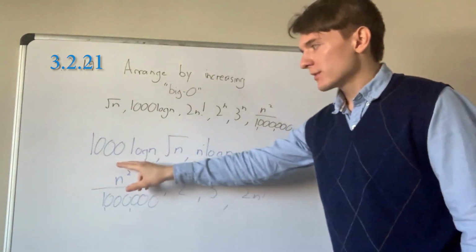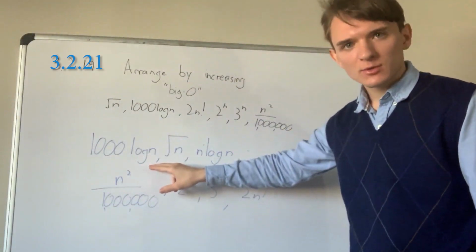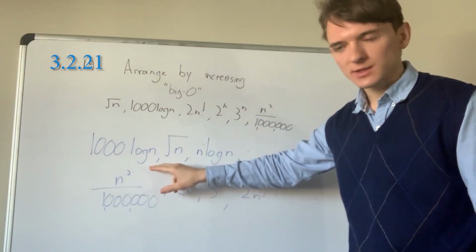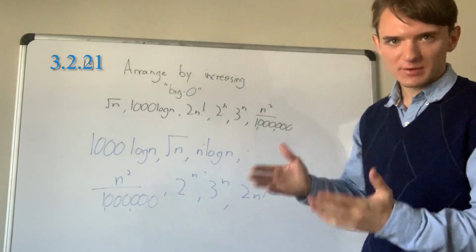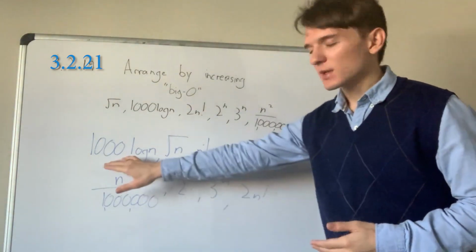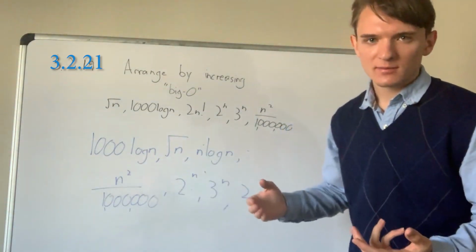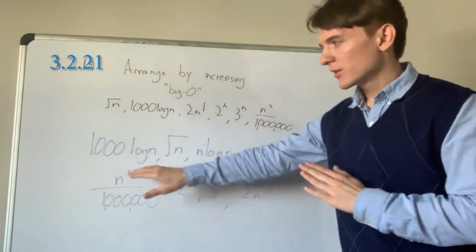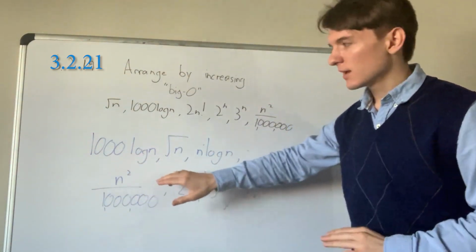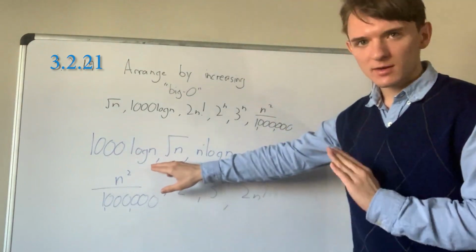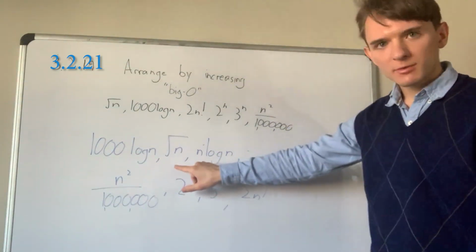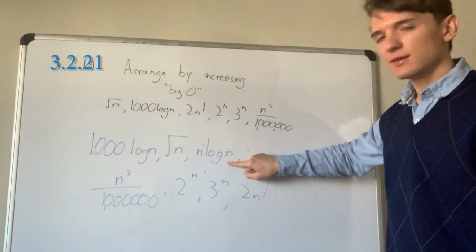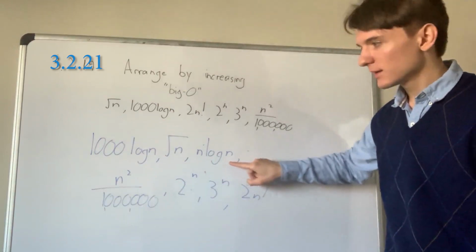We can see that 1,000 times log of n is the most slowly growing of these functions, because log of n grows very slowly. Just because it's times 1,000 doesn't really mean anything, because as input data increases and increases, the 1,000 becomes meaningless, and the growth rate remains log of n. Next is square root of n, then n times log of n.